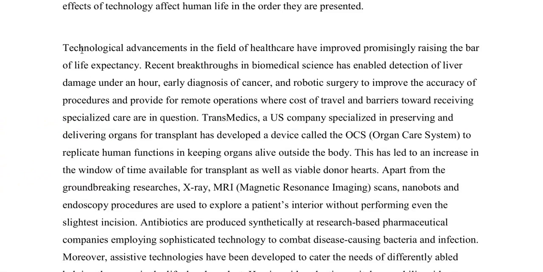Now in the first paragraph we promised to speak about health. So: technological advancements in the field of healthcare have improved promisingly, raising the bar of life expectancy.